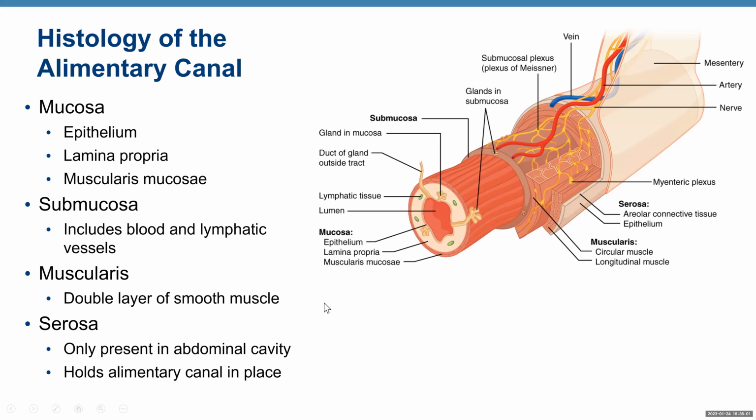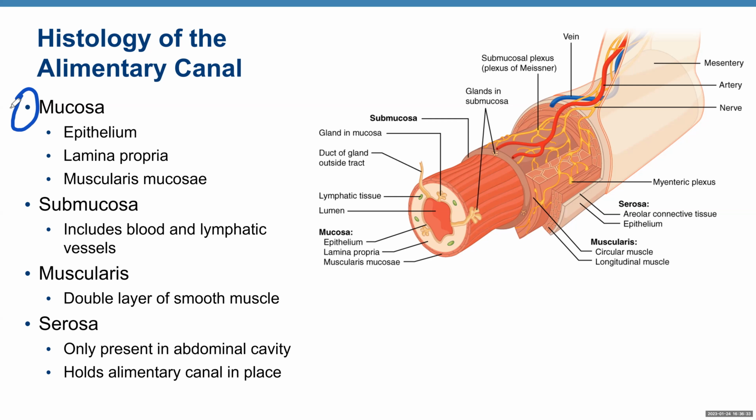Histology of the alimentary canal. Of course, we will see variations because the stomach and small intestine have similar functions, but not exactly the same. So there will be some variations in the histology, but the main layers are the same. We're going to start from the inner layer, the lumen, and move to the more superficial layers of the GI tract.